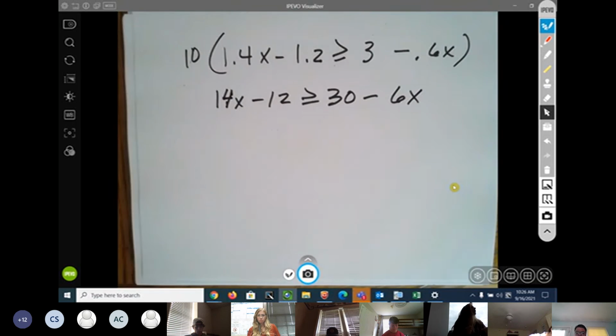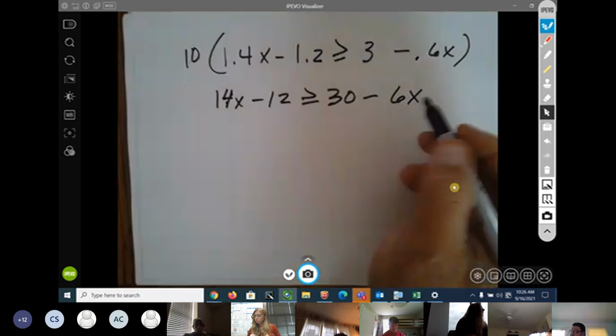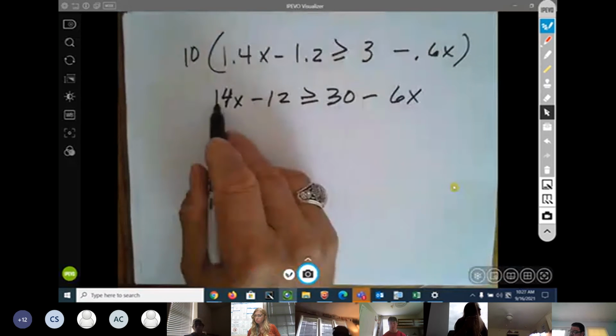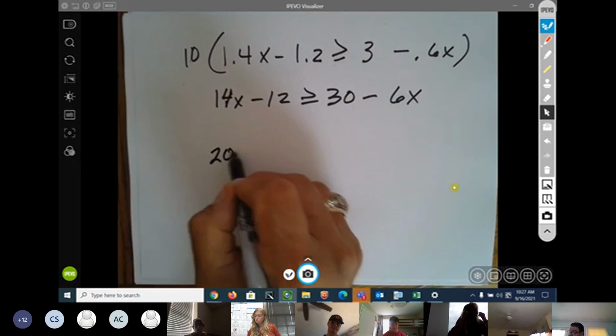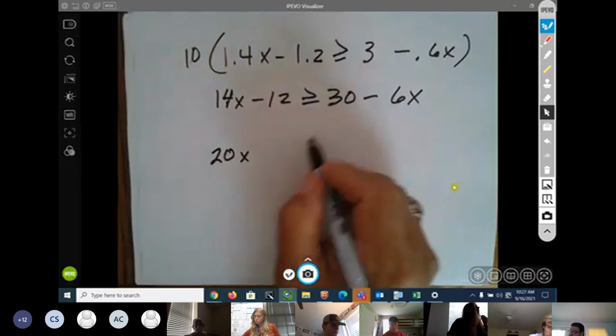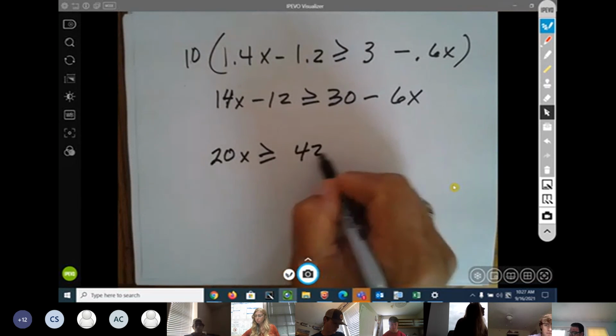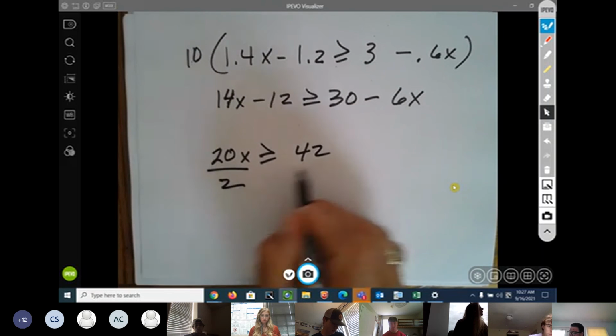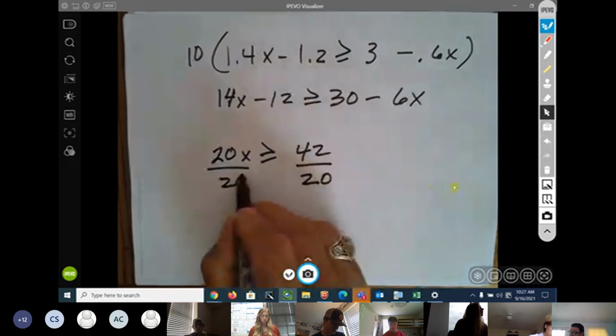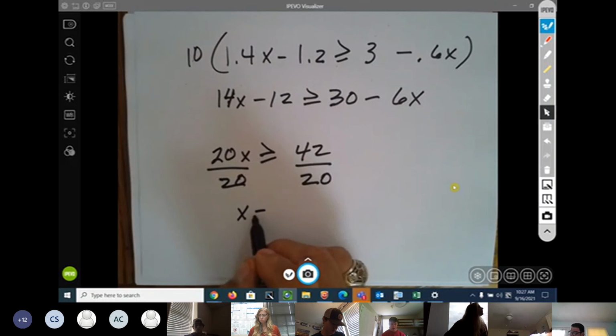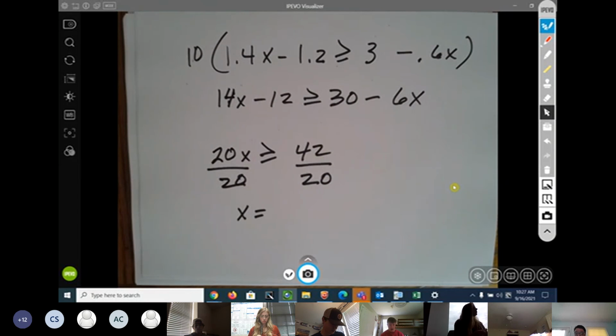That was my error. Now I'm going to get the same answer. So that's going to be 20x plus 12 greater than 42, divide by 20, and x is equal to 2.1.